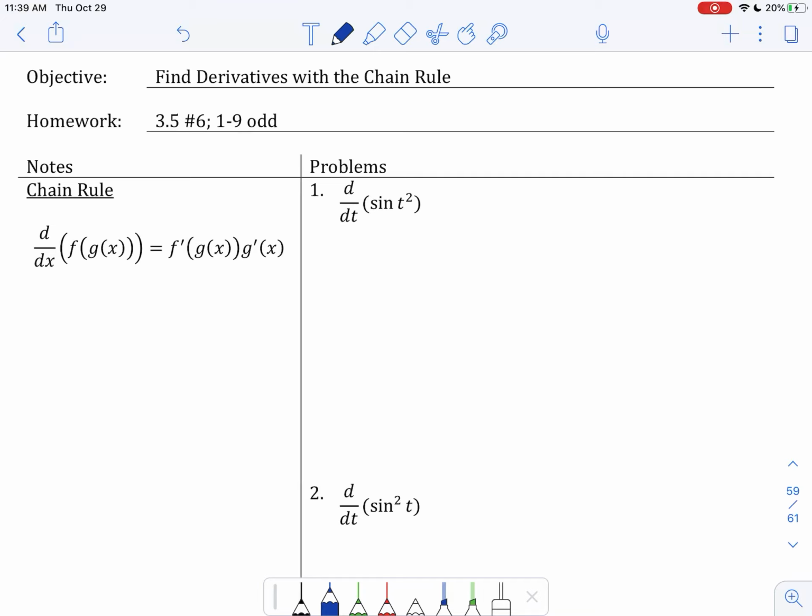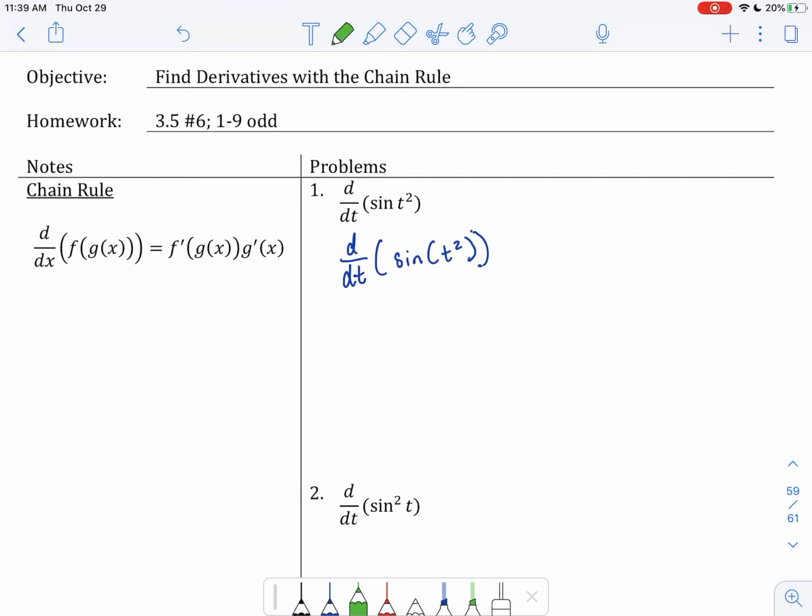Now, the chain rule is for composed functions. So it's something where you have one function inside of another, sort of like the examples we see here. For example number 1, this is the same as d/dt of sine with t squared on the inside, like this.